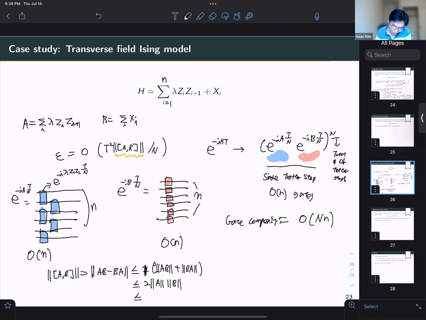So the operator norm of both of these things is at most O of n. You square them, you get O of n squared.